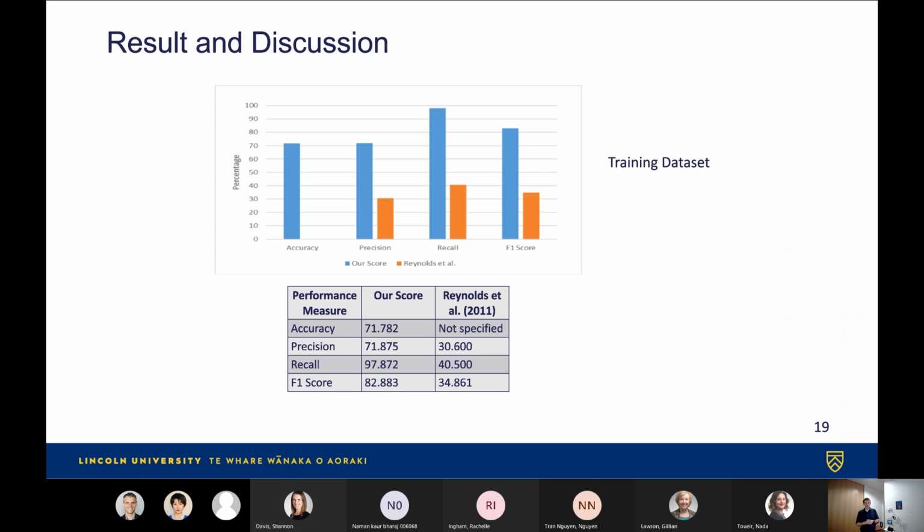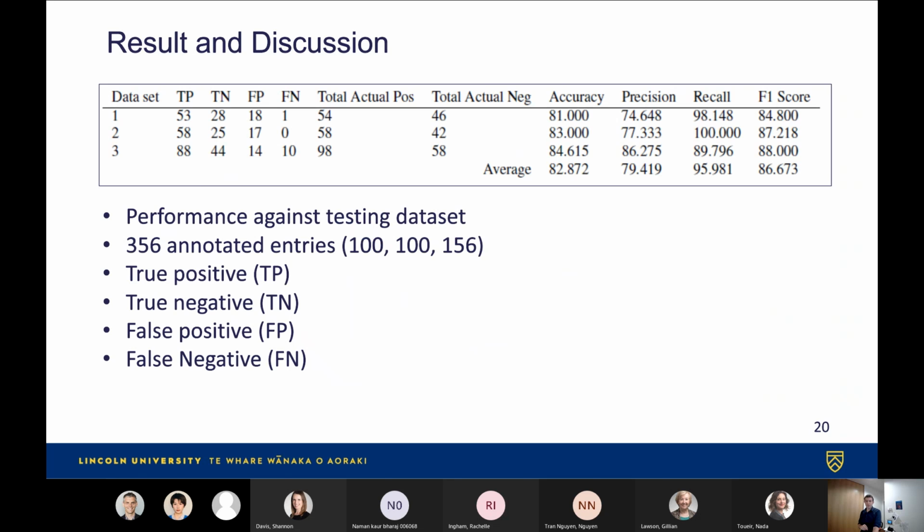So we did pretty well with our training set. And you can see how one of the other pieces of work that Pat talked about, Reynolds et al., their comparative scores. So we're doing an awful lot better than they did with their algorithm.